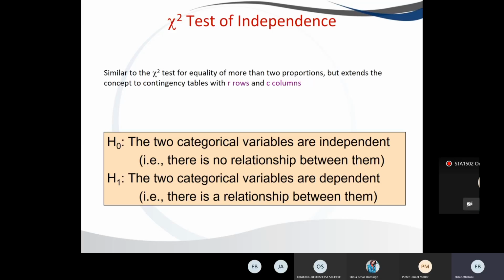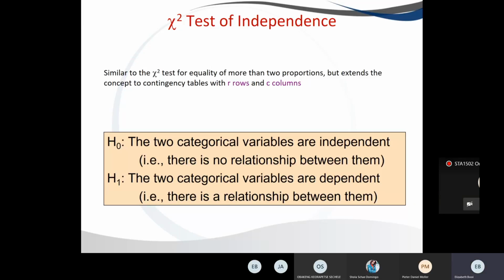So we can test whether age and gender are independent from one another, or whether people prefer to buy white bread than buying brown bread.